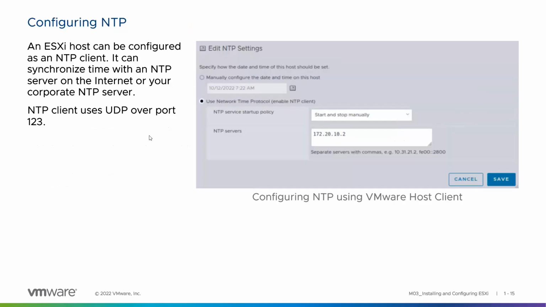So the big thing about NTP, the problem that we had when we go in and add the NTP servers, is you also had to change this service to start and stop with the host; manual is the default. But even after you do that, it still doesn't kick on. I wish it did. It should. If we change this to start and stop with the host and save it, that dialog box should go ahead and start NTP, but it typically doesn't.